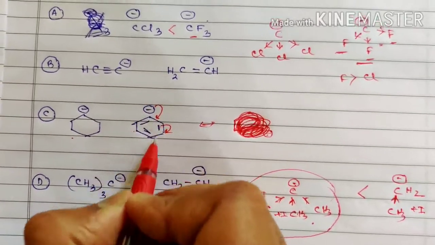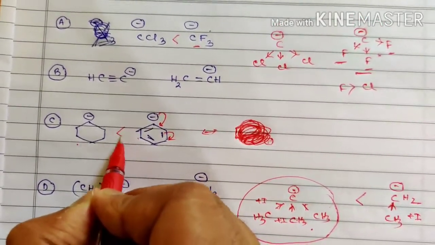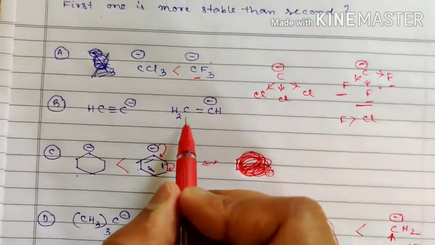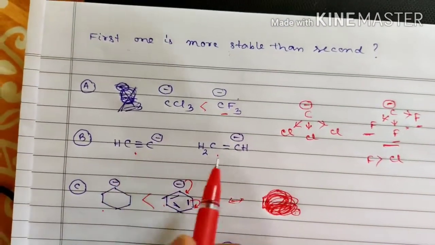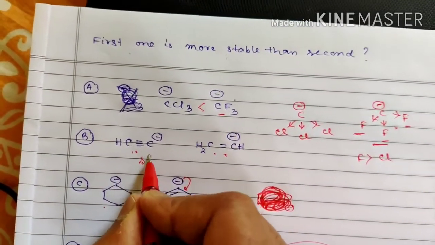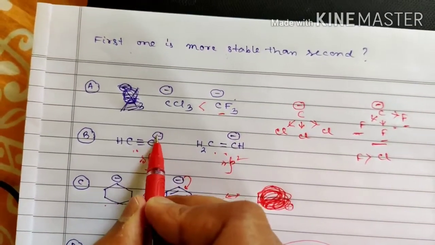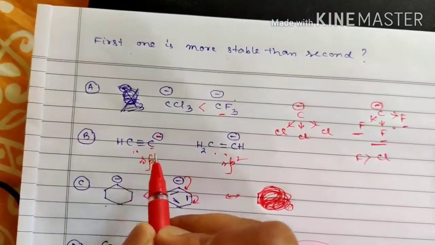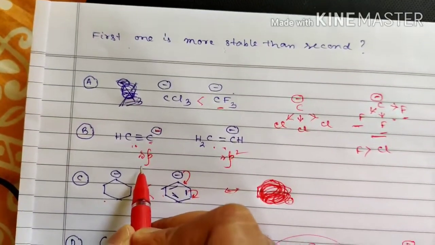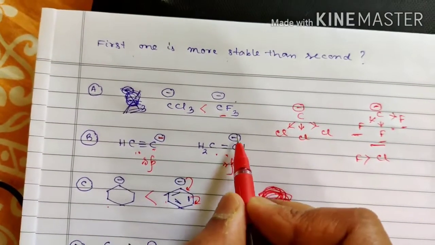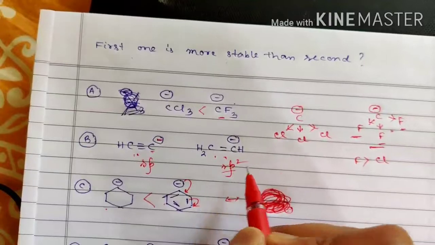Here also, due to the delocalization of the negative charges, this will be more stable. But if you see option B, between these two, sp hybridized and sp2 hybridized, the negative charge is on carbon. Here the carbon is sp hybridized, and here the negative charge is on carbon which is sp2 hybridized.